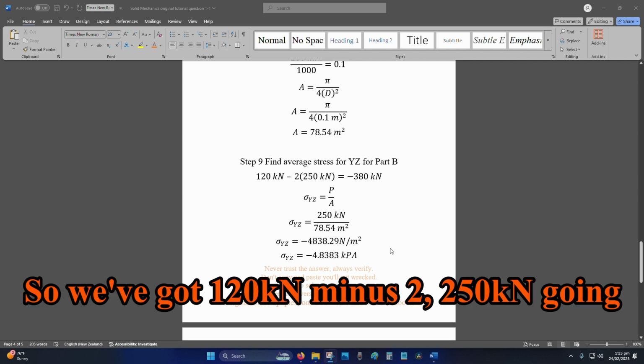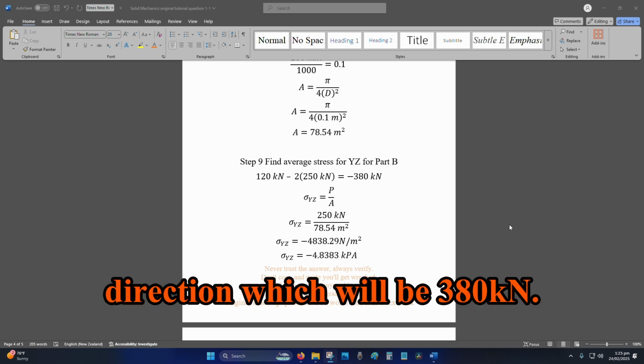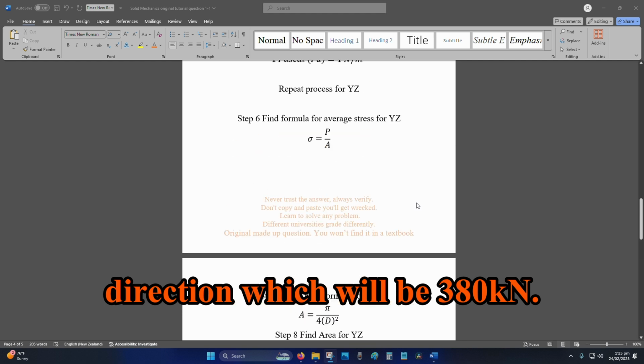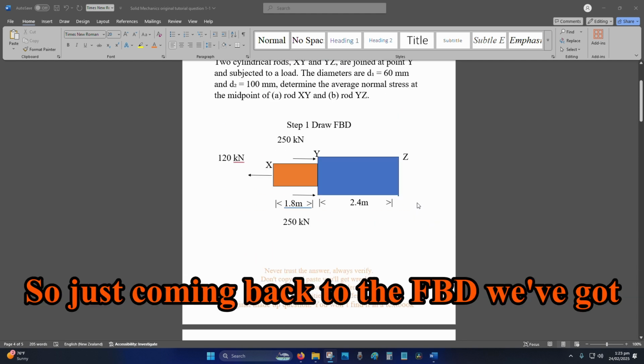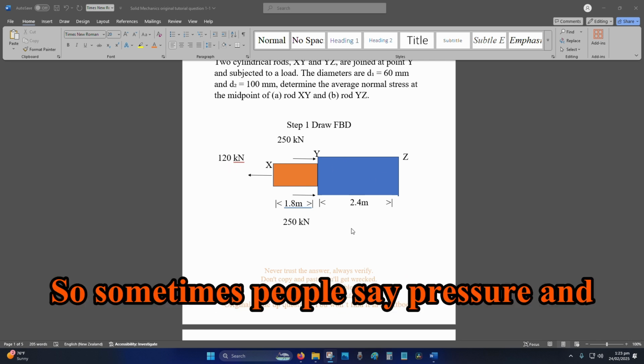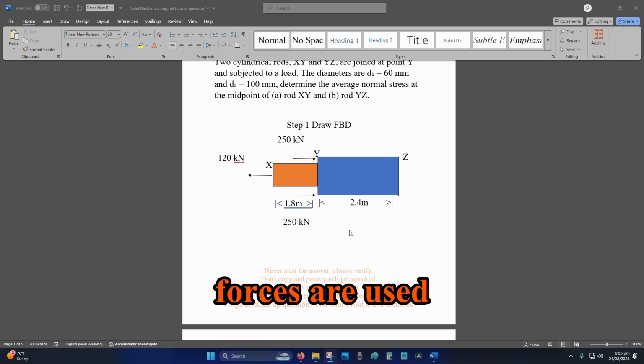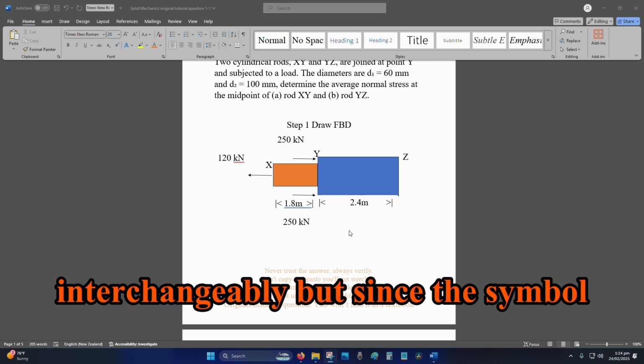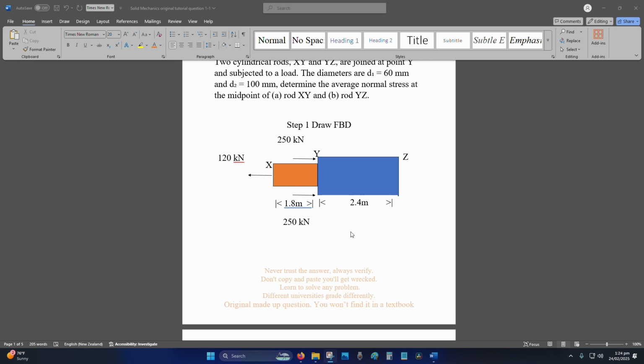So we've got 120 kilonewtons minus 250 kilonewtons going in the opposite direction, which will be minus 380 kilonewtons. Just coming back to the FBD, we've got pressures going this way, pressures going this way. Sometimes people say pressure and forces are used interchangeably, but since the symbol is P, we're just going to say pressure.